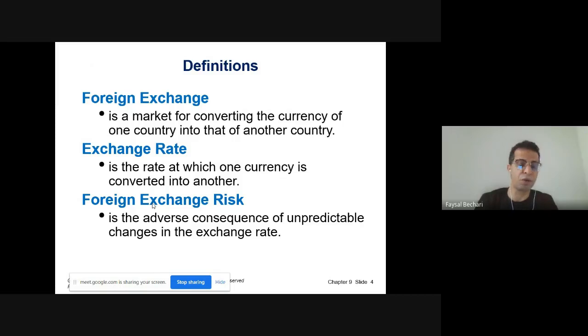I'll give you a very good example. I have a few investors, a few businessmen, who were in Iran planning to come to Canada as investors. Now suddenly their currency went down. They reached a point that they cannot even invest in Canada, so they were not able to come.